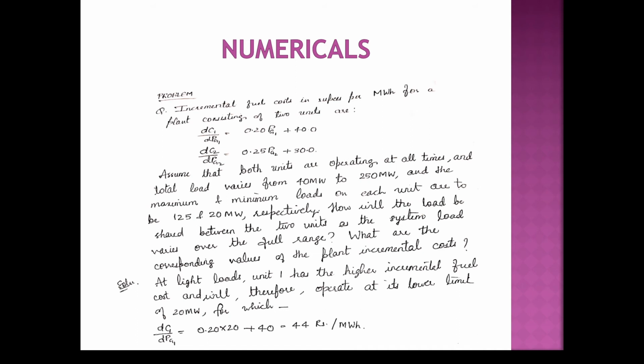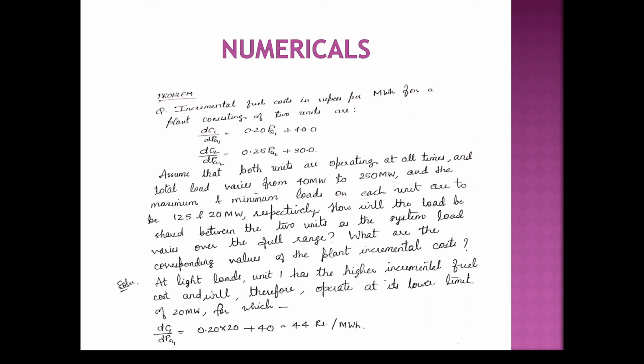Assume that both units are operating at all times and the total load varies from 40 megawatt to 250 megawatt, and the maximum and minimum loads on each unit are 125 and 20 megawatts respectively. How will the load be shared between the two units as the system load varies over the full range? What are the corresponding values of the plant incremental cost?